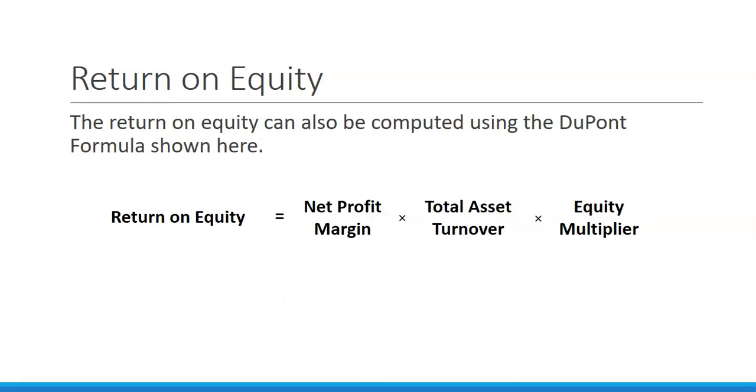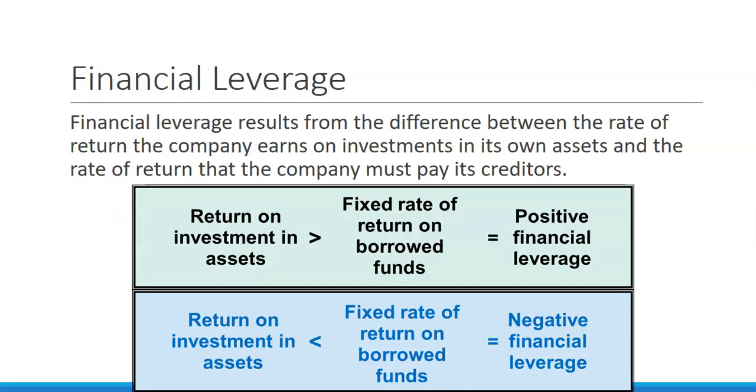Our return on equity can also be computed using the DuPont formula shown here, which is net profit margin times the total asset turnover times the equity multiplier.